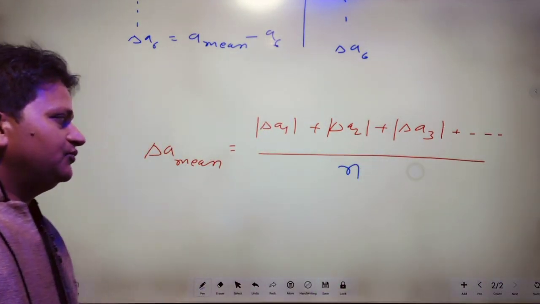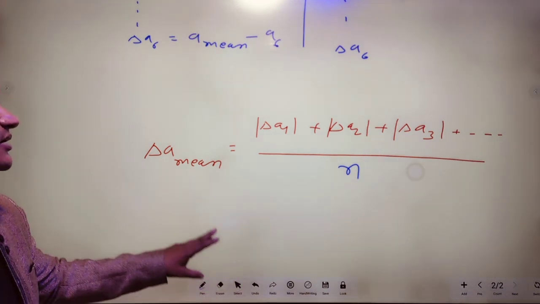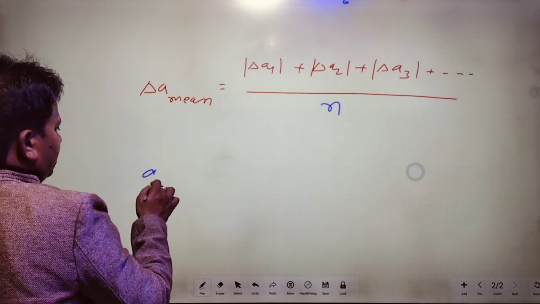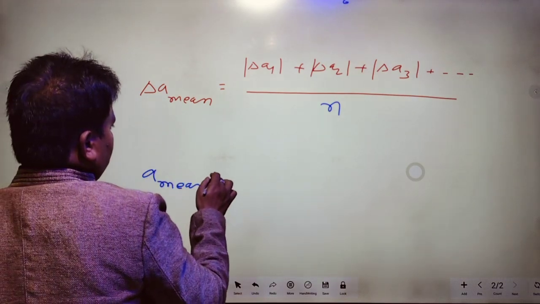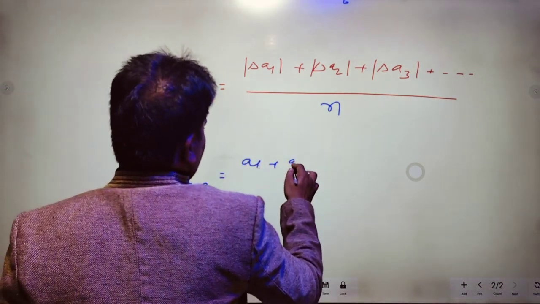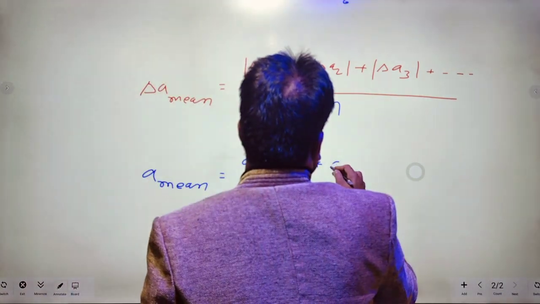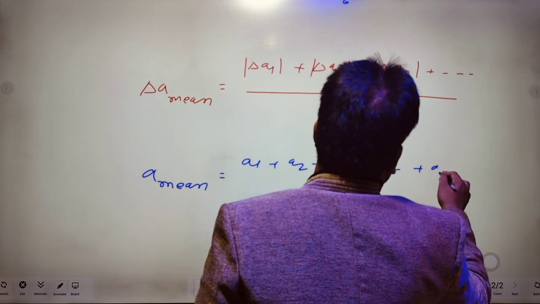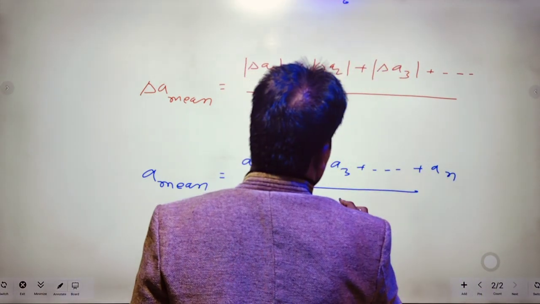A mean will be A1 plus A2 plus A3 and so on, upon n.